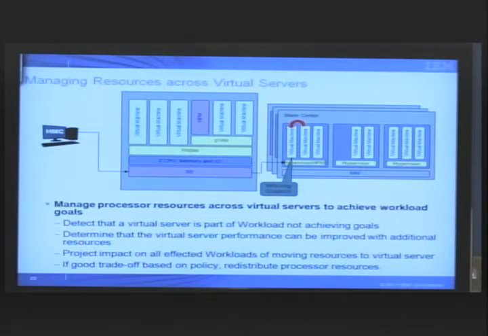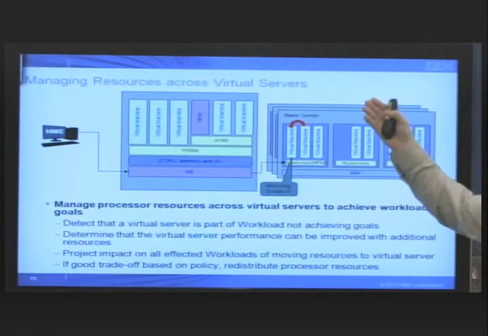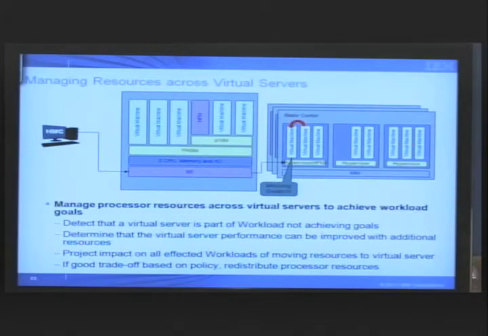On the other hand, if it's more important and we would hurt it, that doesn't make sense. So given that policy, we decide if it's a good trade-off. If it is, we can adjust the CPU allocations and move CPU from one virtual server to another. As I said, this capability today exists for the Power Blades and z/VM, and these are areas where we'll be extending this management capability as we go forward.